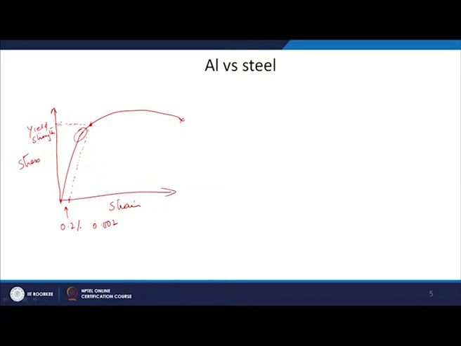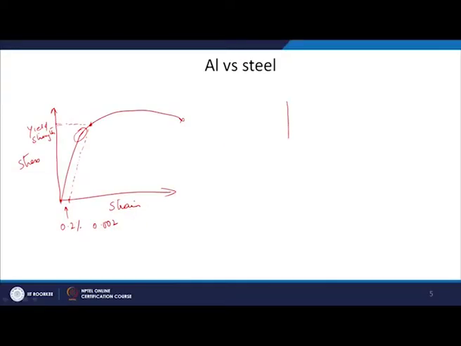Because I am not sure where the linearity and non-linearity change, you sometimes call it the 0.2% offset yield strength or 0.2% proof stress. There are different names for this. So this is how you get it if you are not sure about it.